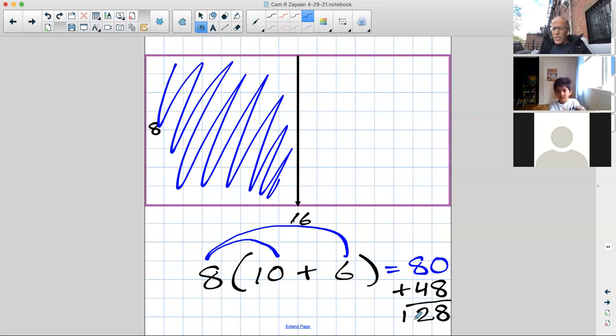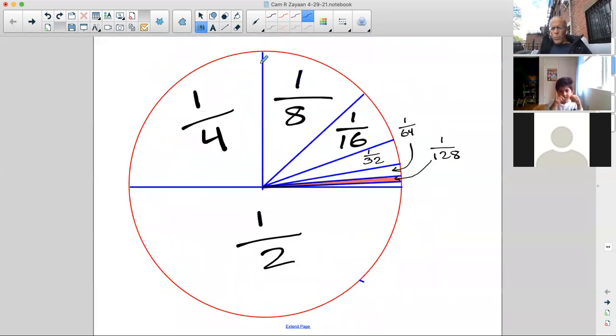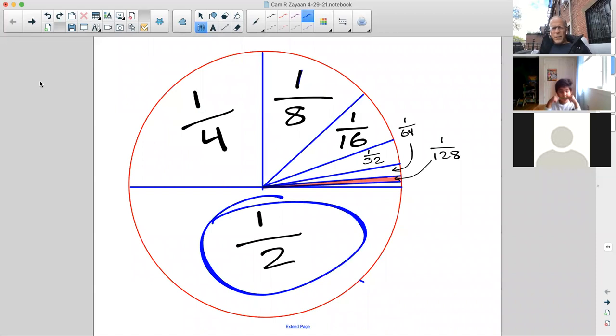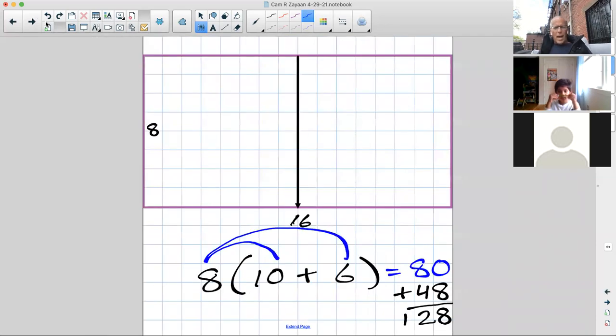Well, it would be 64 square units, but what fraction is this of the whole? Just like when Cam cut the circle, we knew that this part was, Cam, are you coming back to us? 1/2. Exactly 1/2. So this is 1/2.